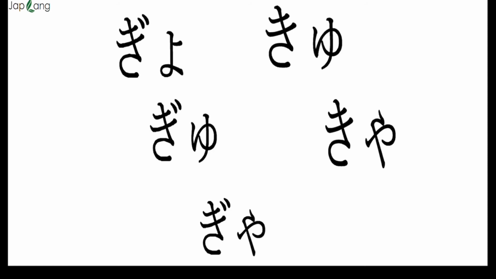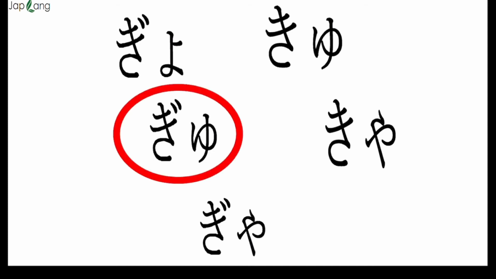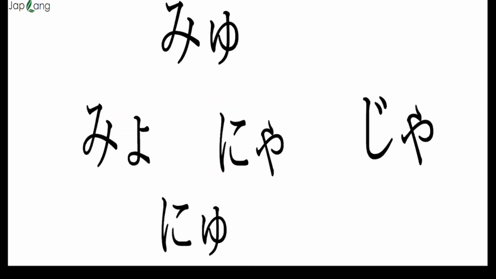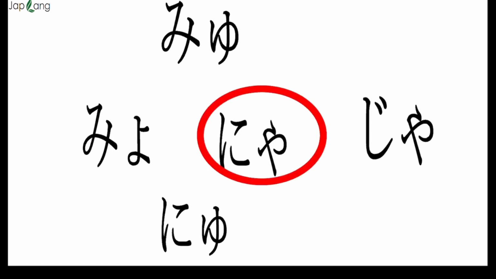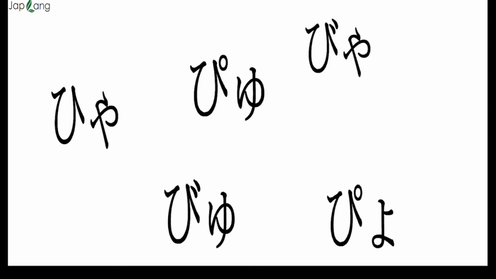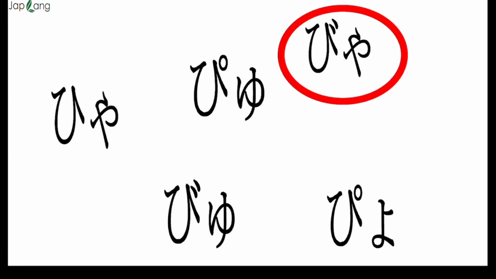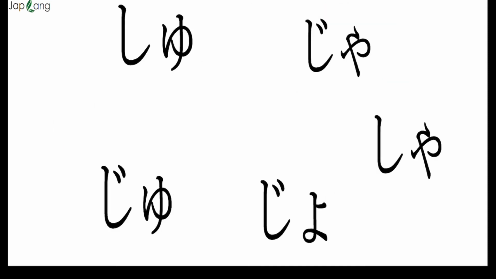Now there's a quiz. Just let me know where is gyu. Gyu is your left hand side middle. Now please tell me where is nya. Nya is in the center. Now please tell me where is bya. Bya is right hand side top. Where is jo?